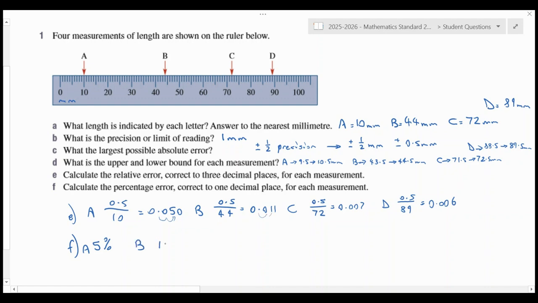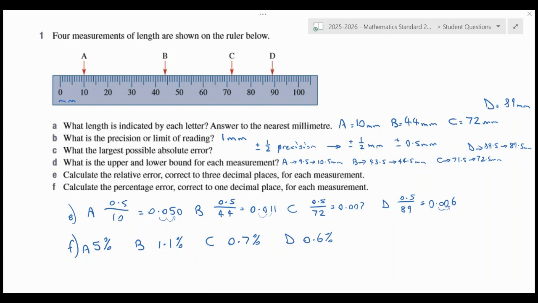That would give me 1.1% error. For C, 2 spots would give me a 0.7% error. And the last one would give me 0.6% error because I'm multiplying that by 100 as well, which means the decimal moves twice. And that's it. That is the percentage error.